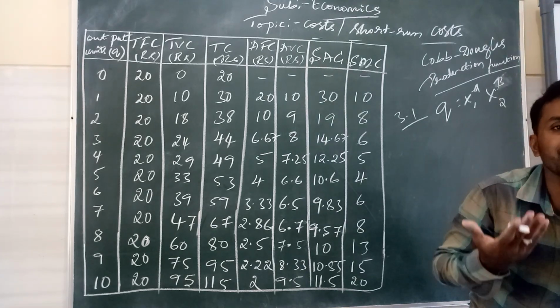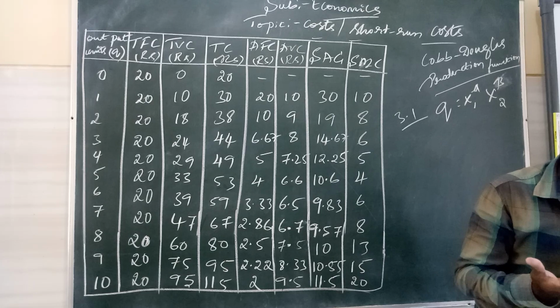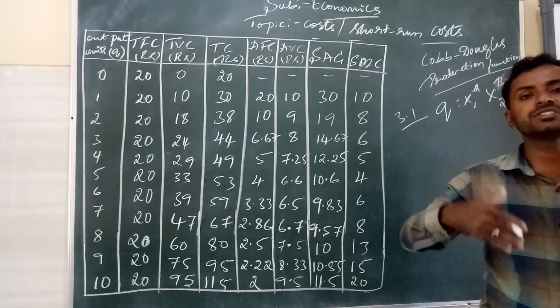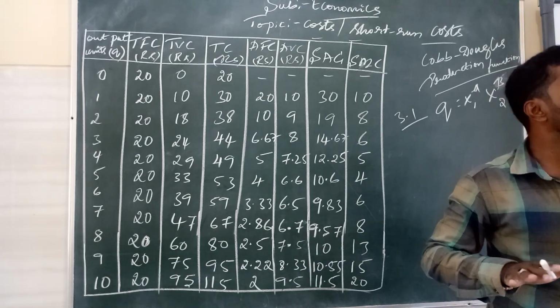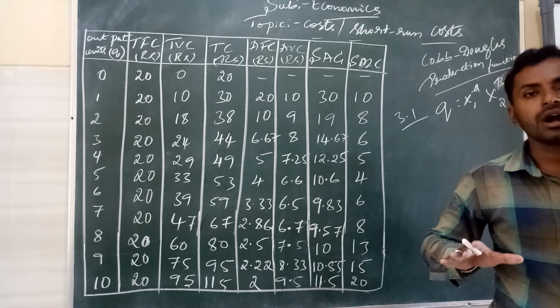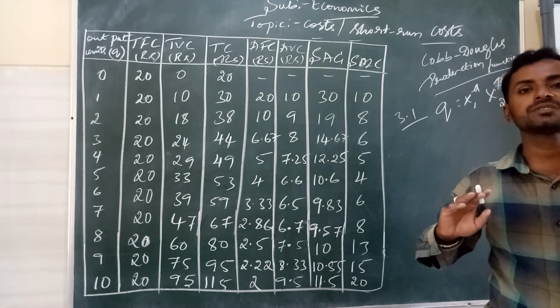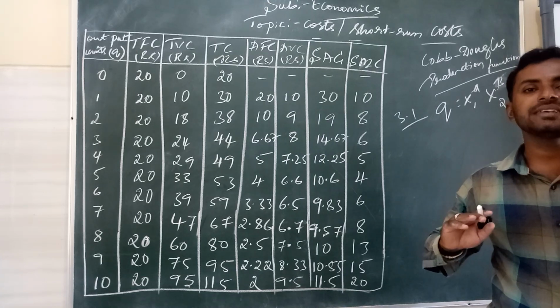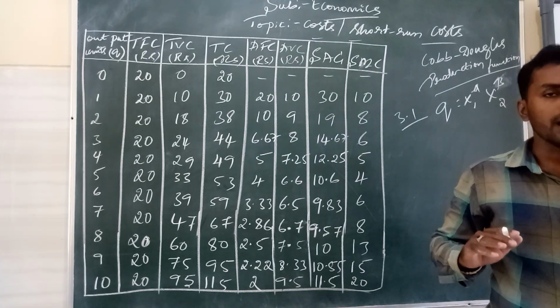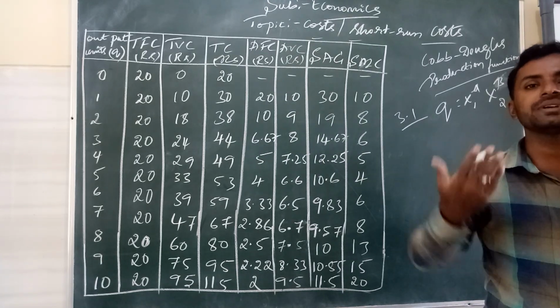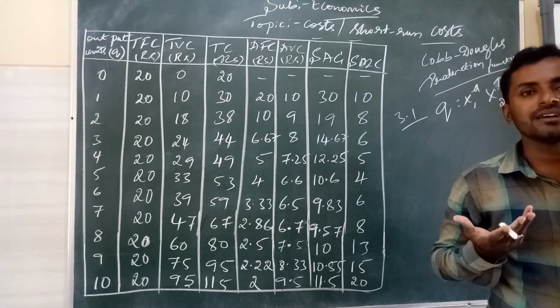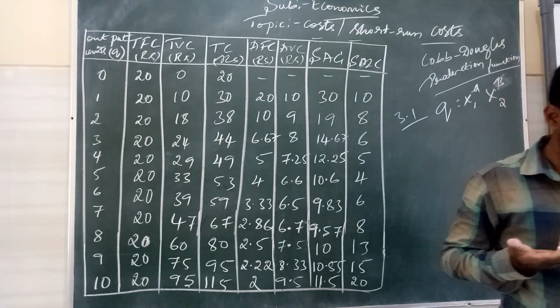Then the question is, which input combination will be best for the production process? Which input combination will the firm choose? On what basis will the firm or producers choose? We have to know on what basis they choose the input combinations.